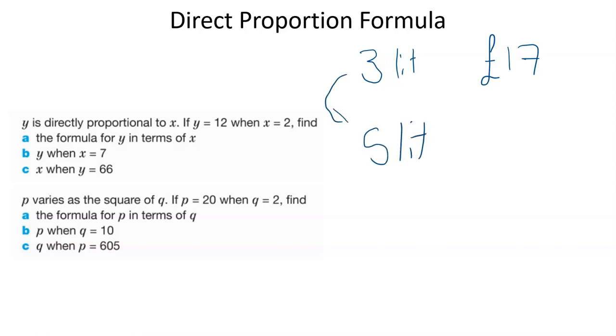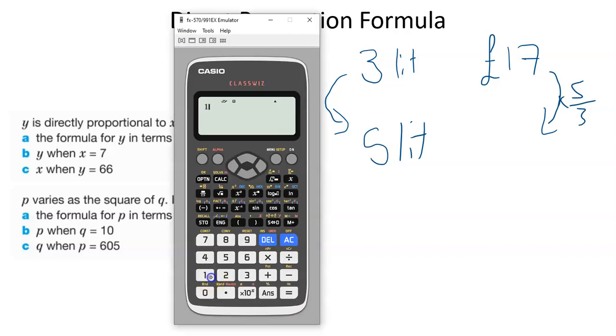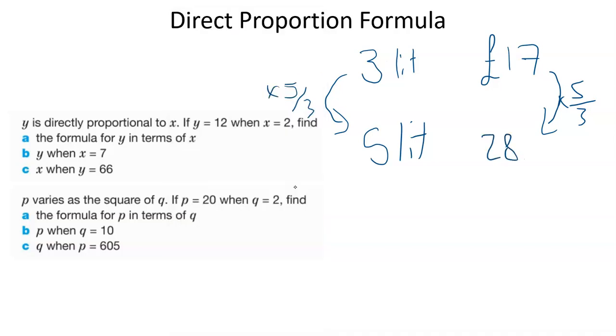You work out what you times by to get that. Well, we're going to times by 5/3, so we times the price by 5/3, and so it's going to cost us 28.3 recurring pounds. We'll round it to £28.33.